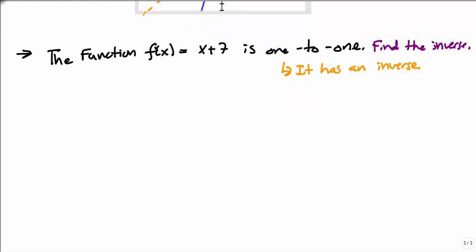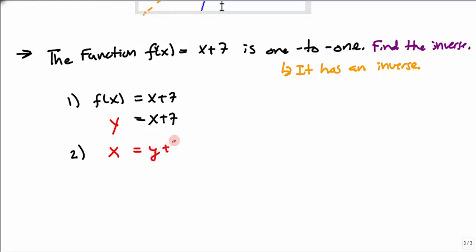Okay, so first step, we have f of x equals x plus 7. My first step was to replace f of x with y. Second step, swap the x and the y. So x comes over here, y comes over here. I didn't solve, I just swapped these across.